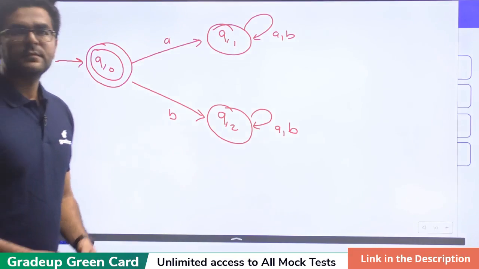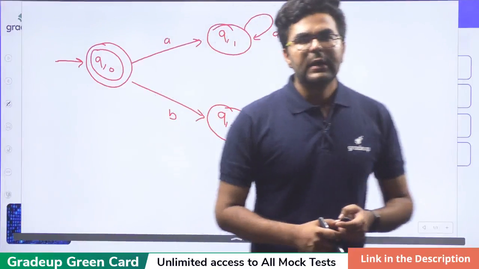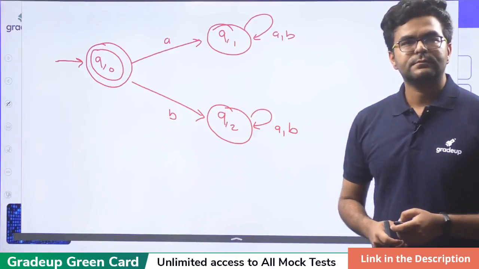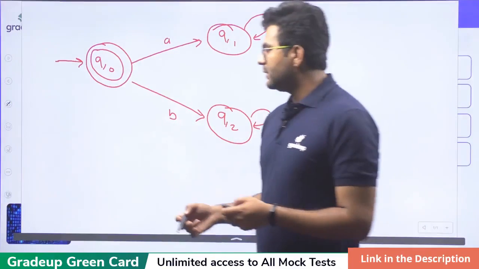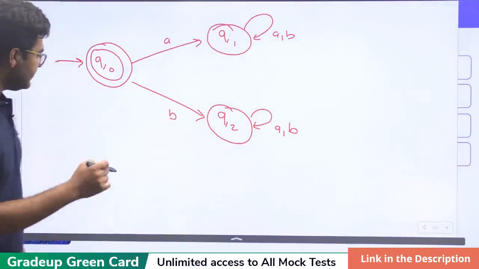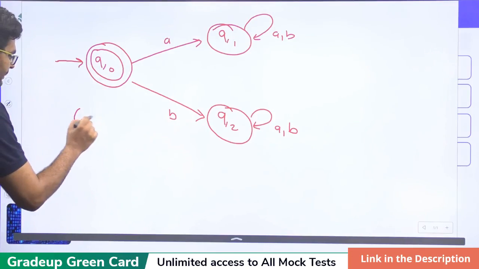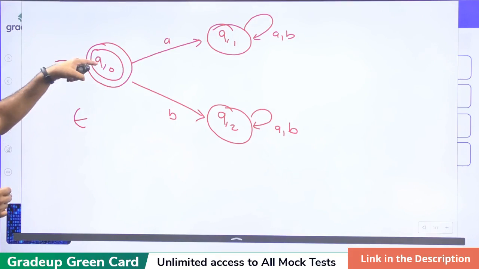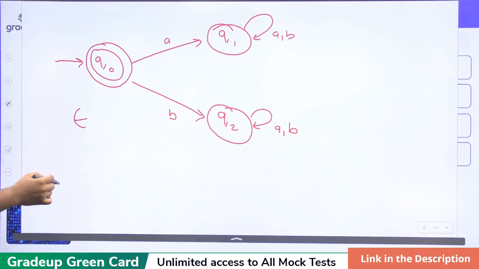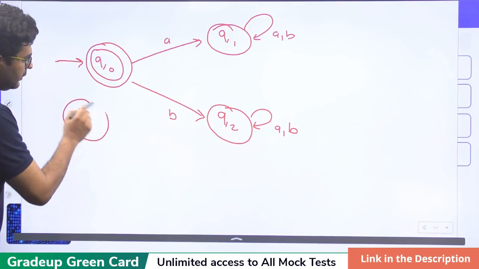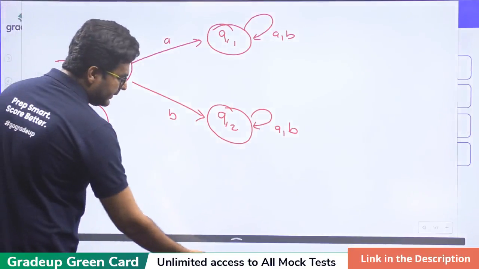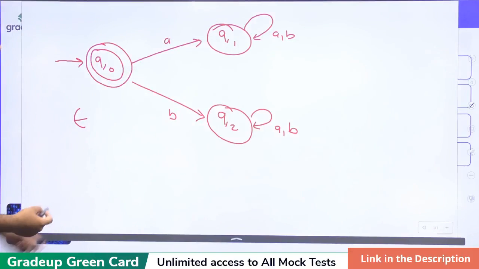Guys, empty string. Somebody wants to say that it will accept epsilon. Epsilon means without reading anything, we are at the final state. So as you see, it's just accepting epsilon, and there are so many other states in this automata.